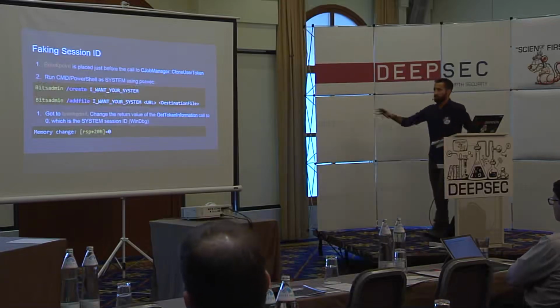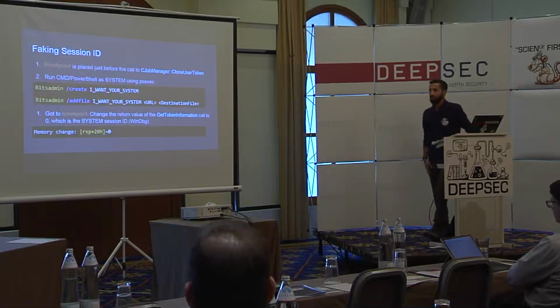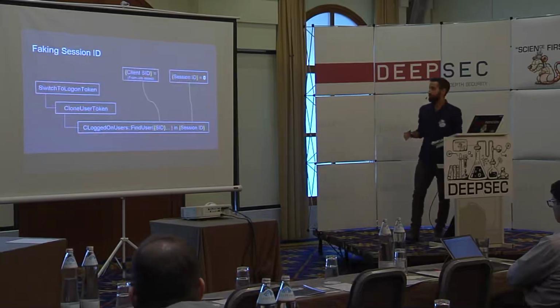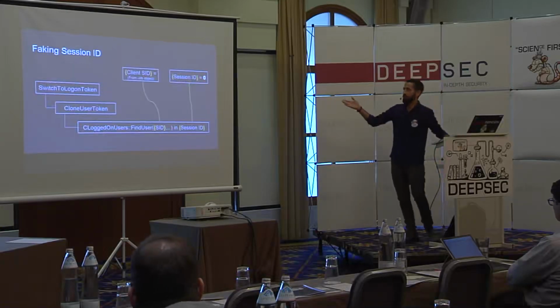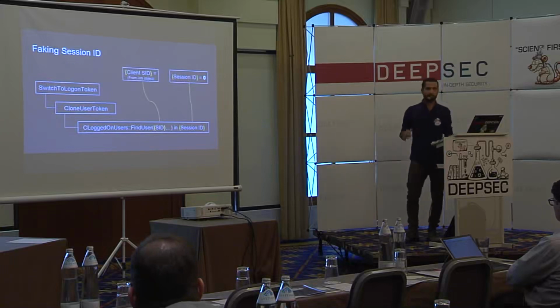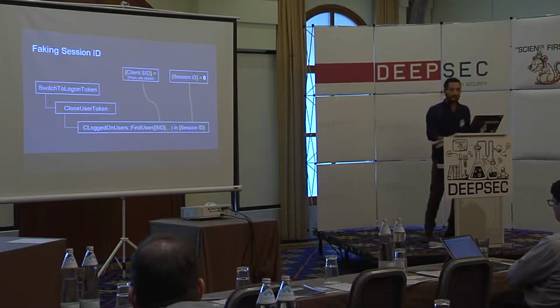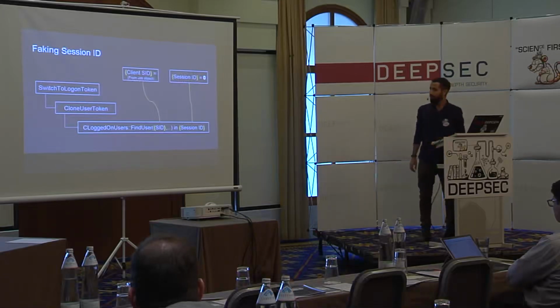What we do is change the return value in memory of GetTokenInformation from 1 to 0, and we bypass that check. This is how we get through this second security boundary after we already passed the first one, because we are actually with system permissions.